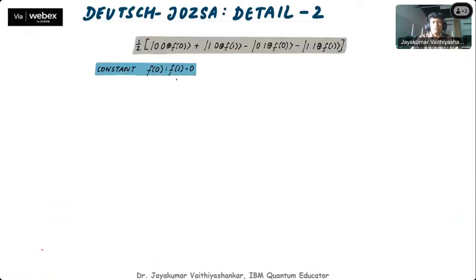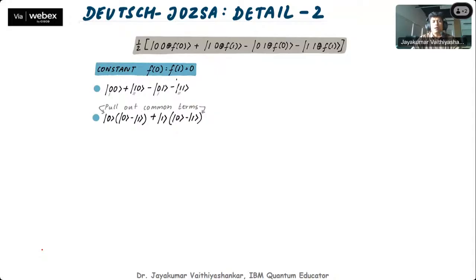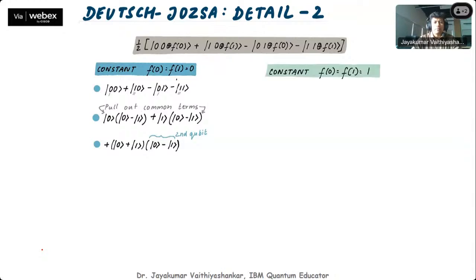Okay, so let's do it mathematically. For the constant case, f of 0 and f of 1 always give 0. So this is the tensor product, and taking the common term state 0 out, you have common terms: the first for the first qubit, the second for the second qubit.